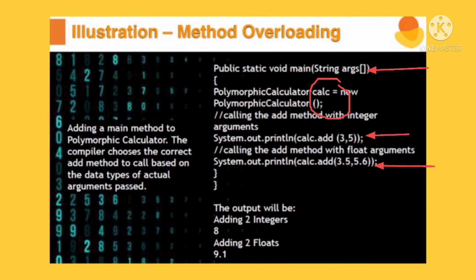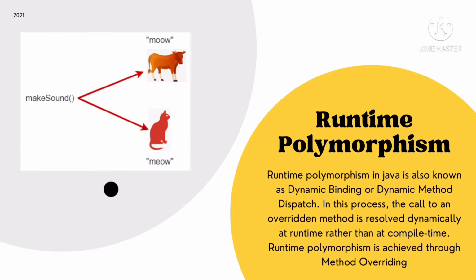As you can see in the output, the first output is adding two integers, that is 8, and the second is adding two floats, that is 9.1. I hope guys now compile time polymorphism is clear.